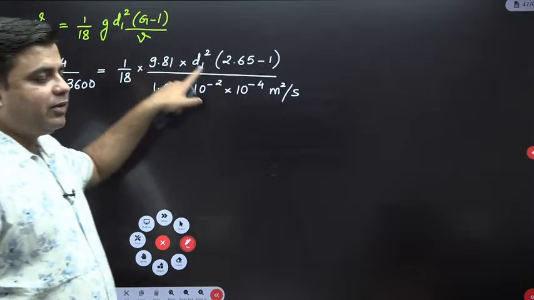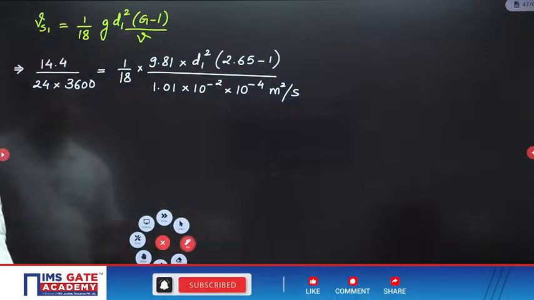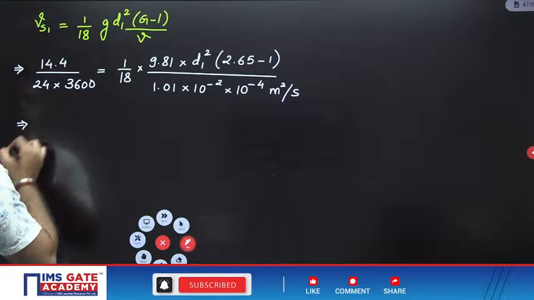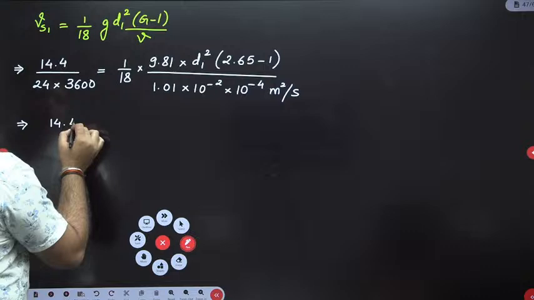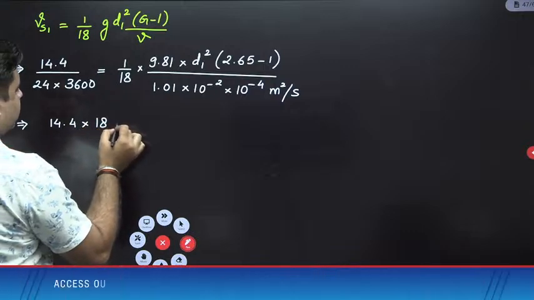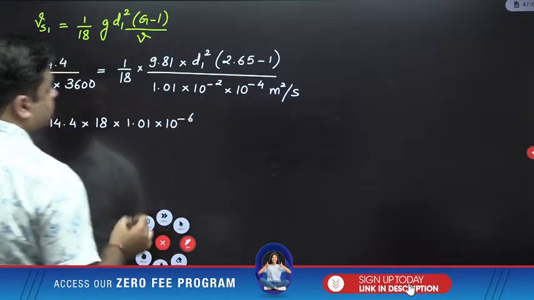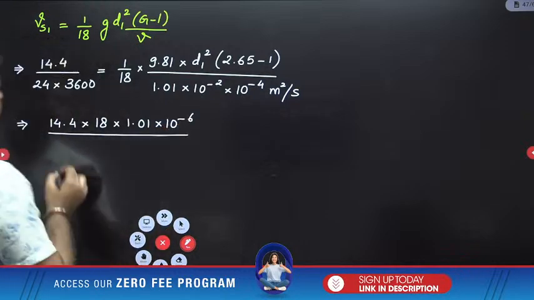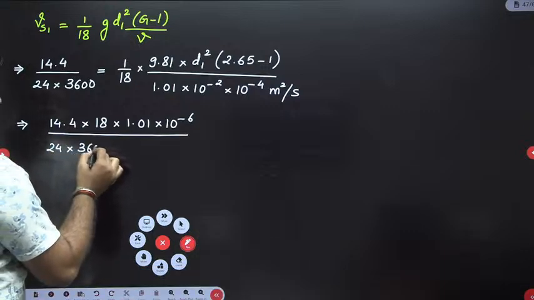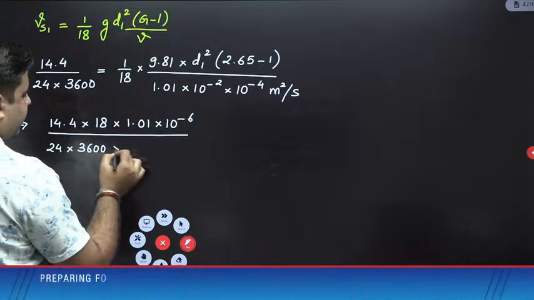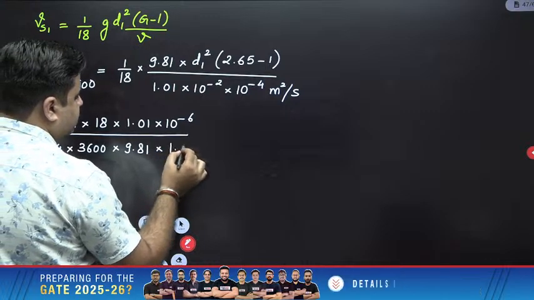Now everything is equated. Whatever size you calculate will come out in meters. Convert that meter into micrometers. So this will be 14.4 into 18 into 1.01 into 10 raised to power minus 6 divided by 24 into 3600 into 9.81 into 1.65.